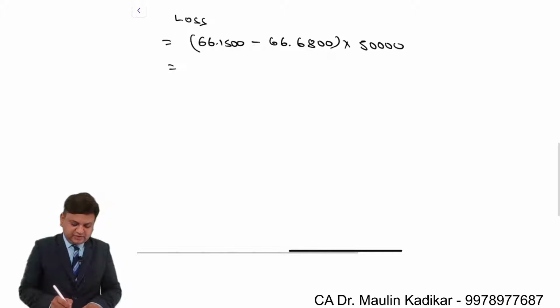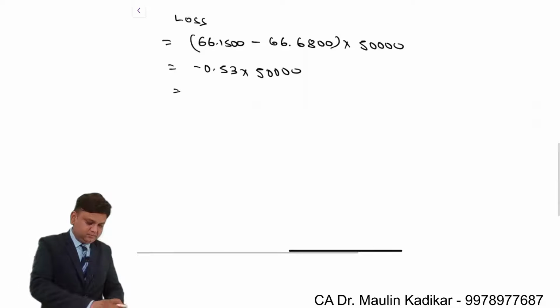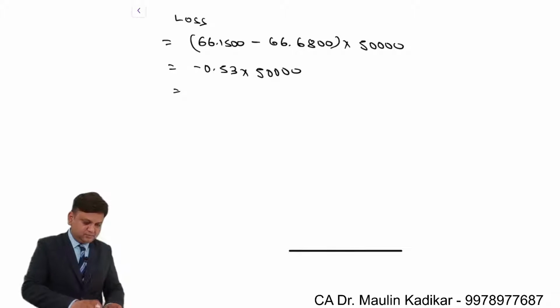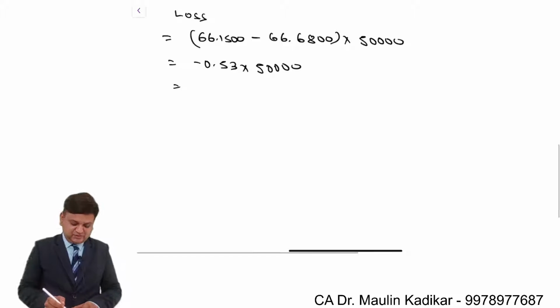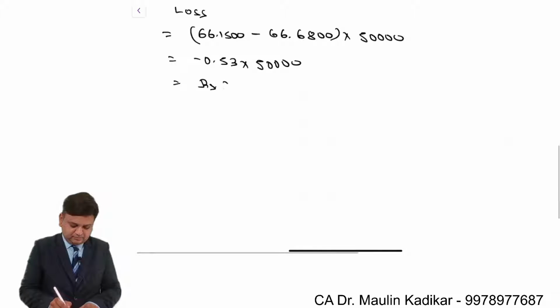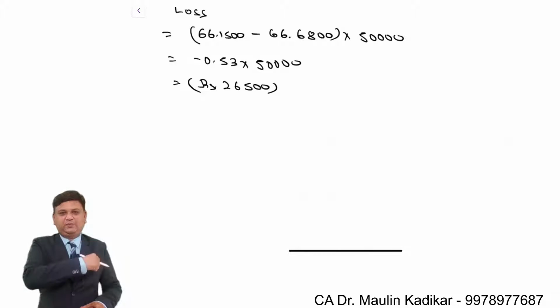So the loss is 53 paise into 50,000. That comes to 26,500. That I immediately have to pay from my pocket.